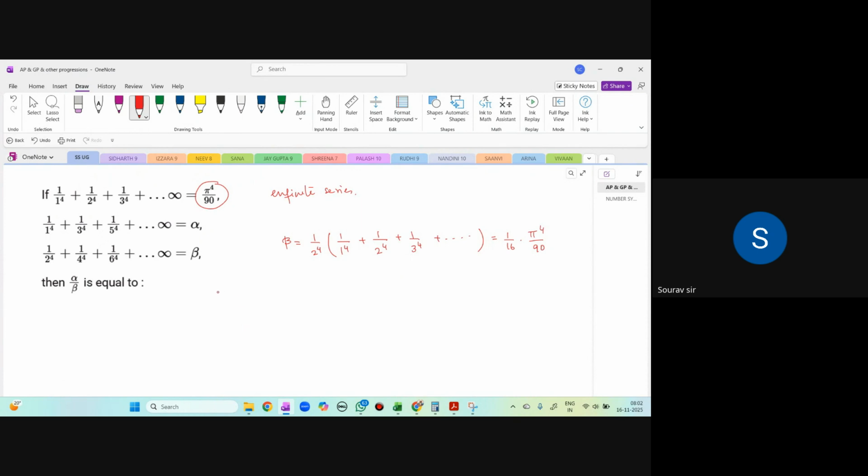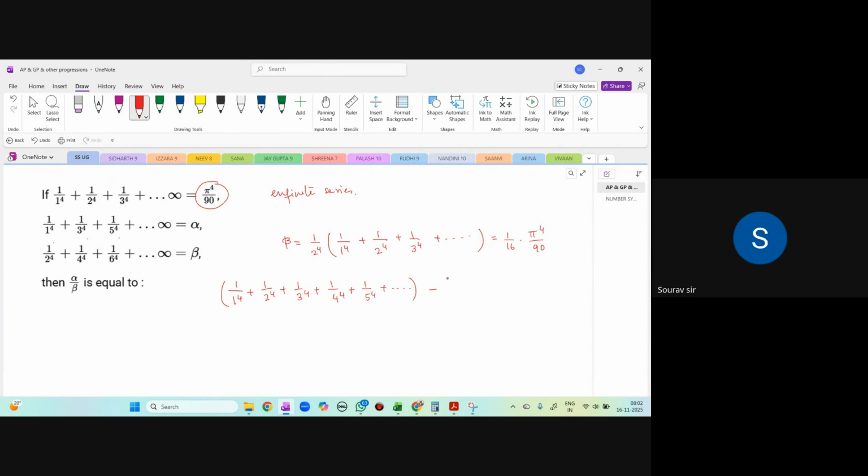Now let's look at alpha. So I have 1 to the power 4, 3 to the power 4, 5 to the power 4. What is missing is 2 to the power 4, 4 to the power 4, etc. So I take this 1 by 1 to the power 4 plus 1 by 2 to the power 4 plus 1 by 3 to the power 4 plus 1 by 4 to the power 4 plus 1 by 5 to the power 4, etc., which is my original sequence.